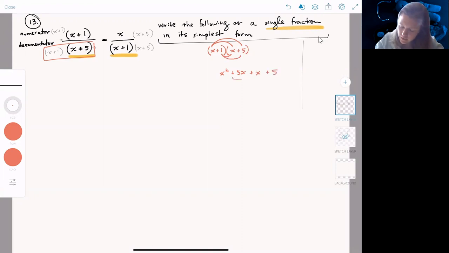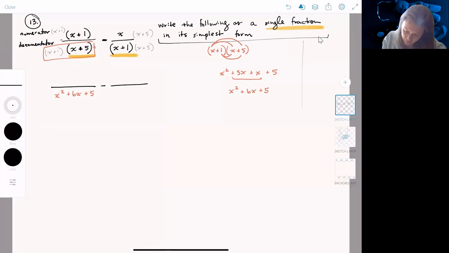Now I combine my like terms, and it gives me x squared plus 6x plus 5. So I'm going to write that here. And that is the denominator for my first fraction, but it's actually going to be the denominator for my second fraction also because they're exactly the same.